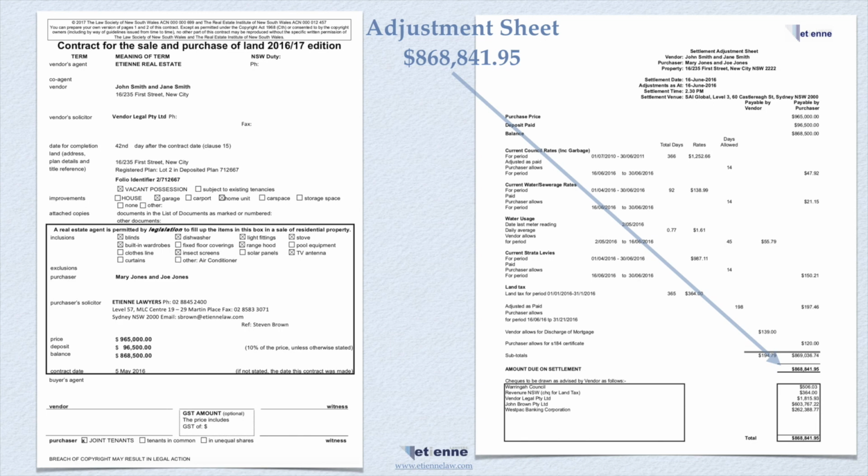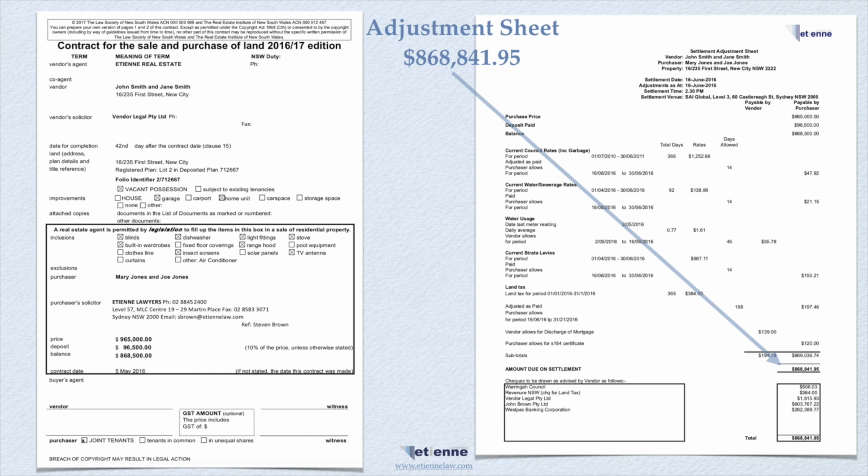In practice, you're comparing the contract for sale on the left with the adjustment sheet. You will see that there is a difference of about $341.95 between the balance on the front of the contract and the amount that the purchasers in fact have to pay.